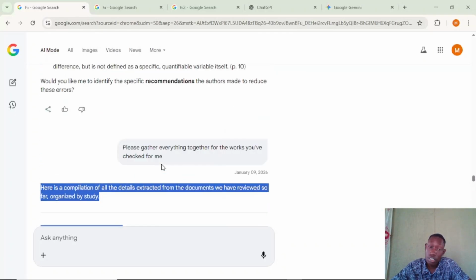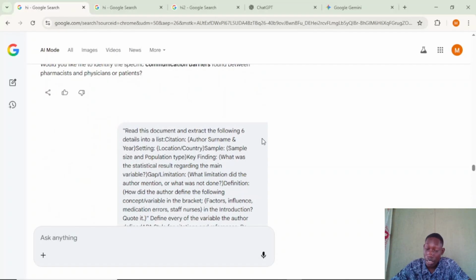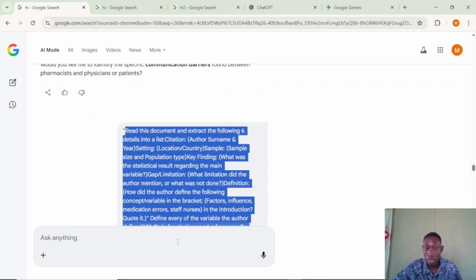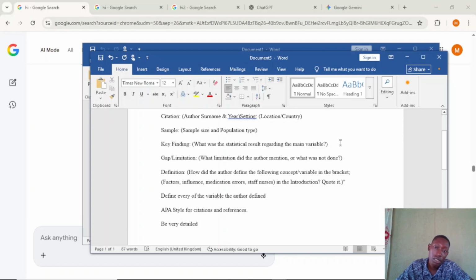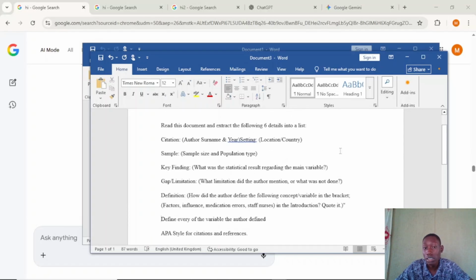But if you have a pro version of Gemini, you can use the one that gives us very long, detailed analysis. Alright, so this is the first prompt I used. This prompt is actually very simple, but it is not as comprehensive as the one I gave you. So you can also try this prompt for the analysis of those journals.